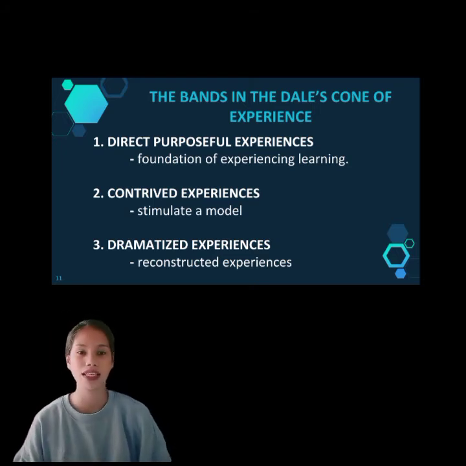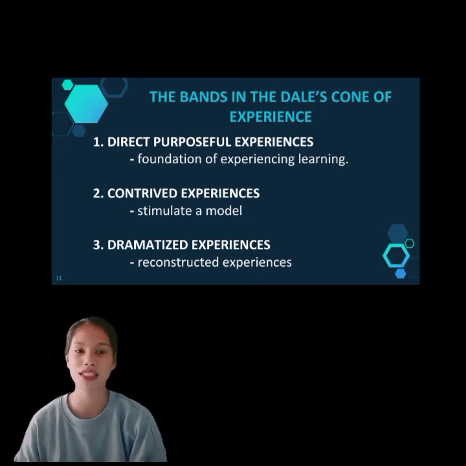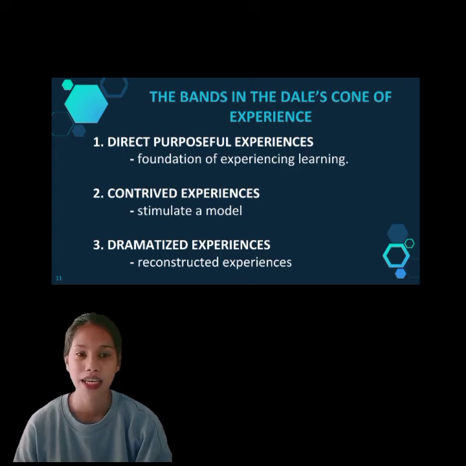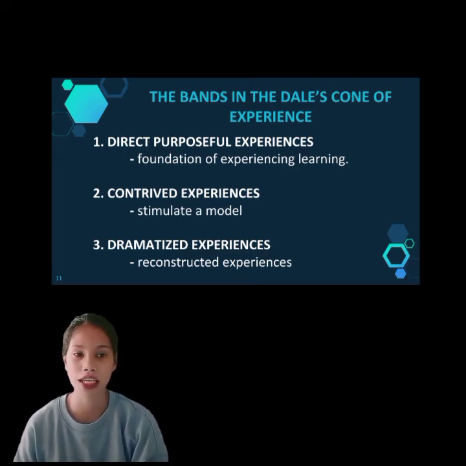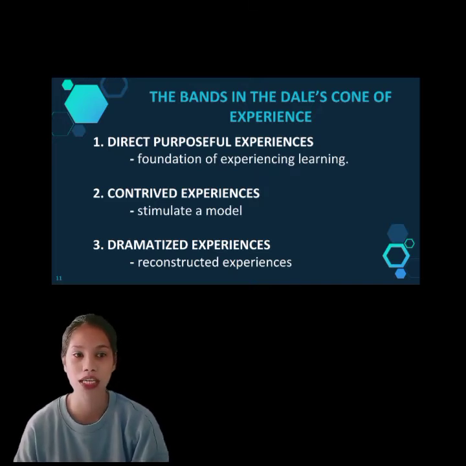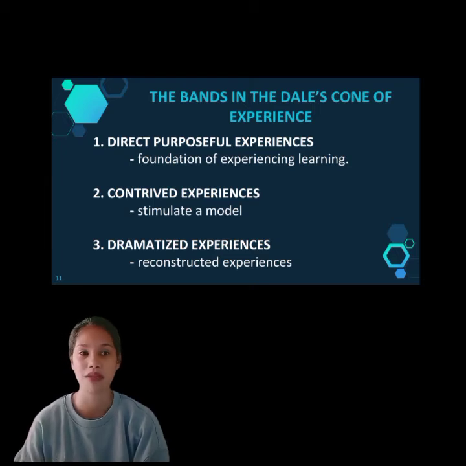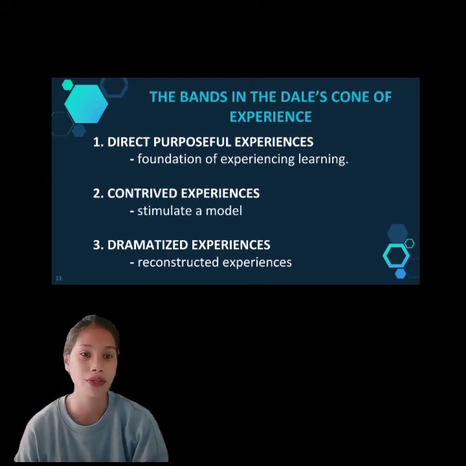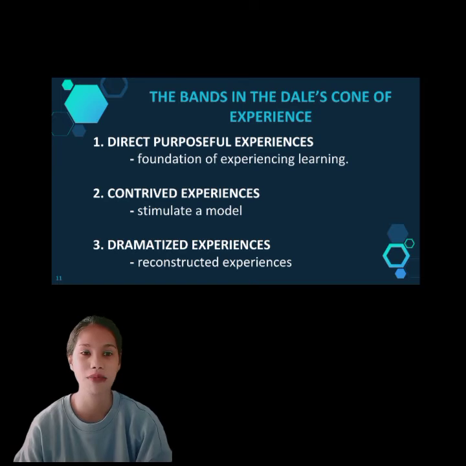Number 2 is contrived experiences. What are contrived experiences? It is in this category that representations such as models, miniatures, or mock-ups are used. There are things or events that may be beyond the learner's grasp, so contrived experiences can provide a substitute, like models such as a diorama. And number 3 is dramatized experiences.